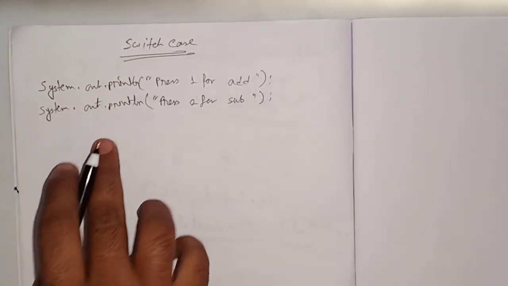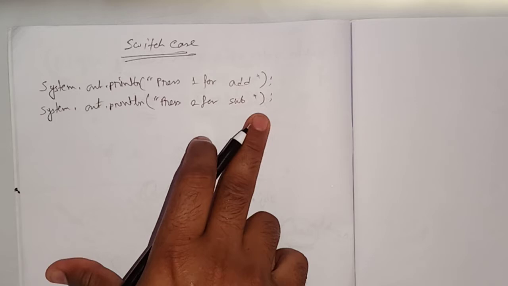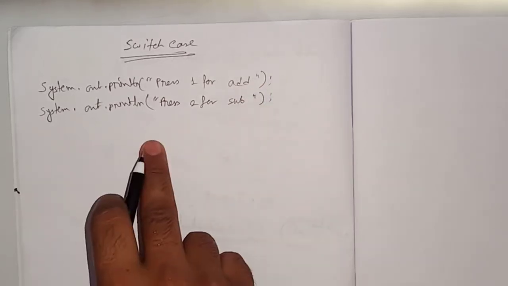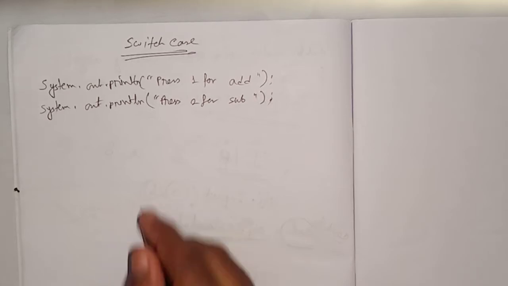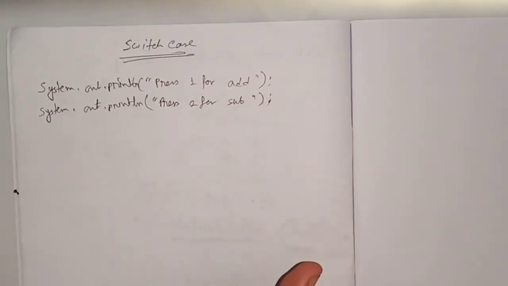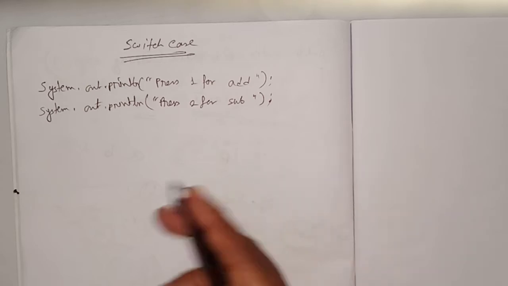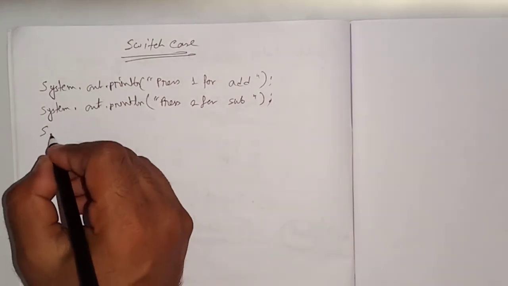So here I'm giving two messages. If you press 1, then addition. If you press 2, then subtraction. So I'm providing a message properly. Then you need a choice. Which one do you want to do, either addition or subtraction?